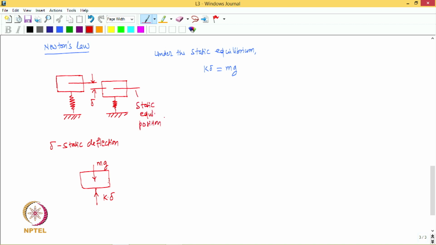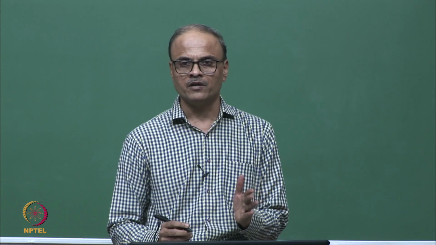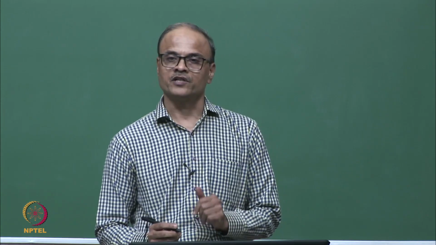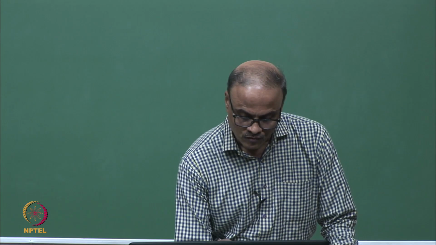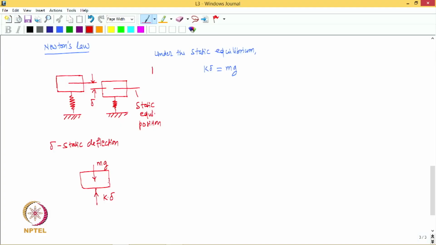We are going to measure the vibration or displacement due to vibration with respect to this static equilibrium position. Suppose that the mass moves by a distance x. Let us say this is the displacement x of the mass.